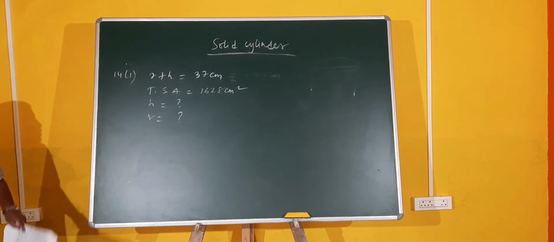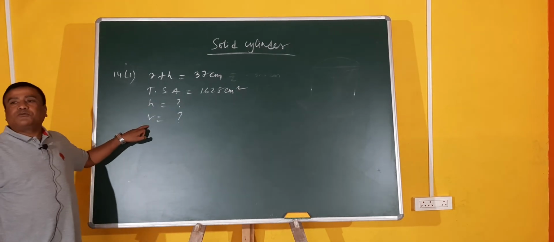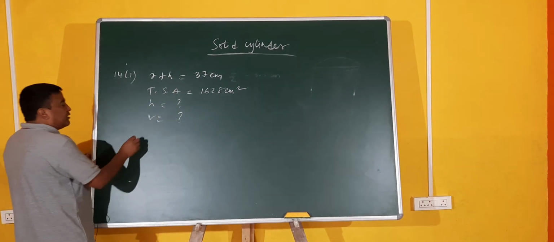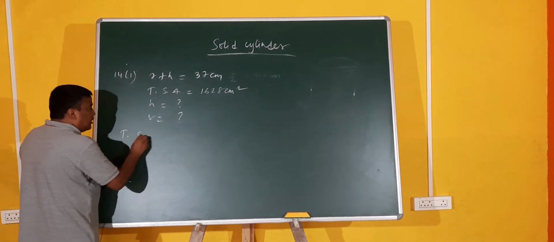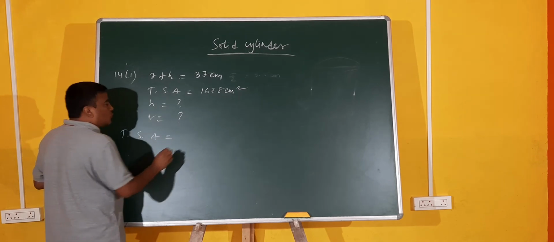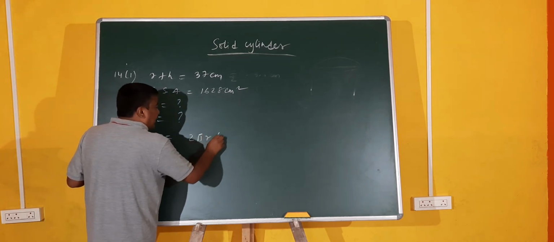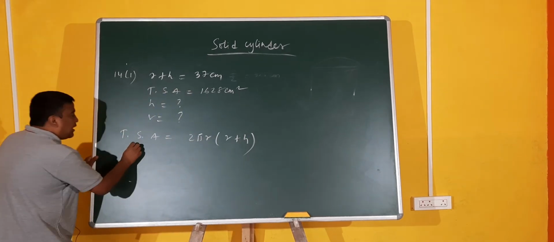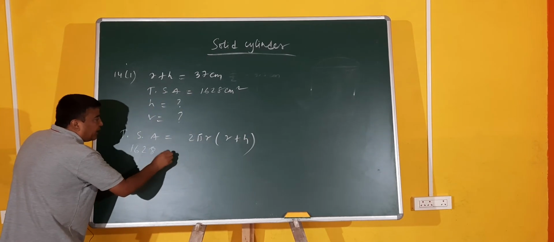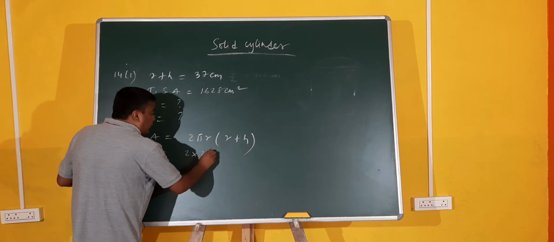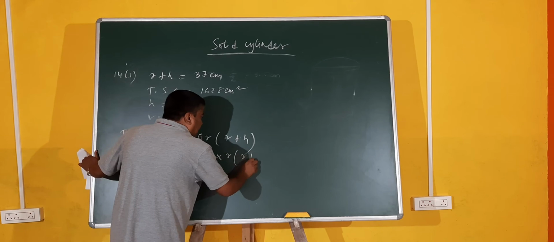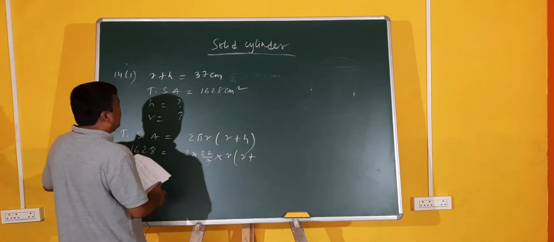Before height and volume, first we have to know radius. Radius is not given, so find out radius by using total surface area. Total surface area equals 2 pi r (r plus h). So 1628 equals 2 into 22 by 7 into (r plus h).